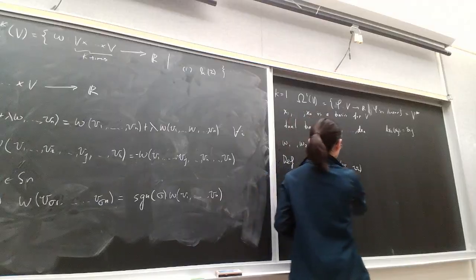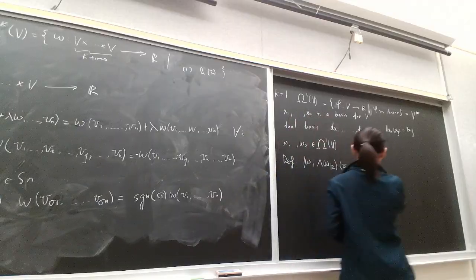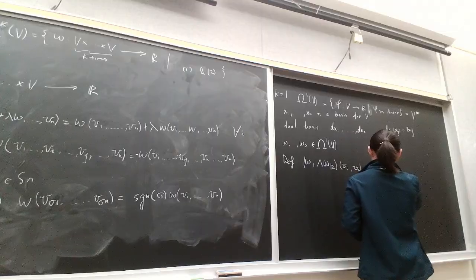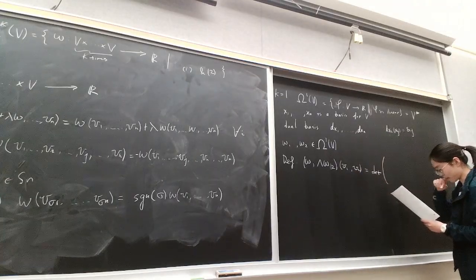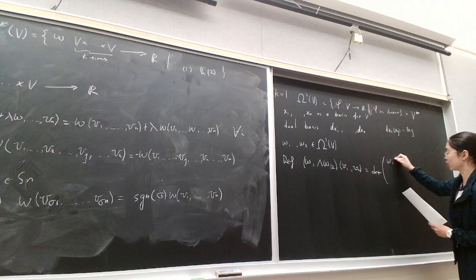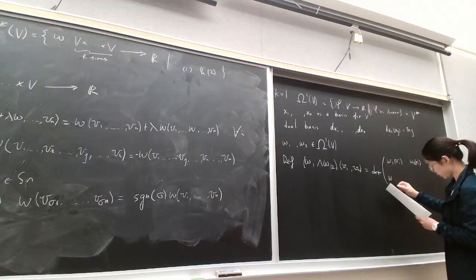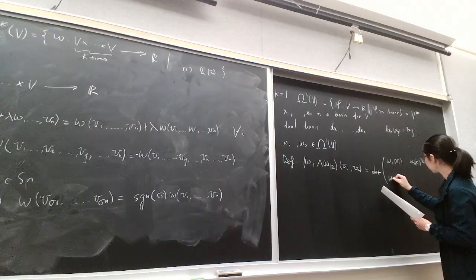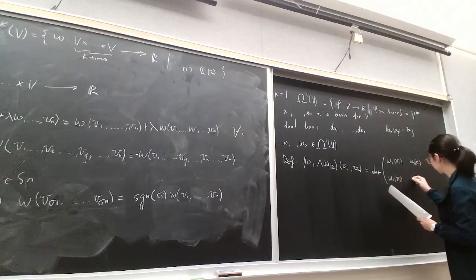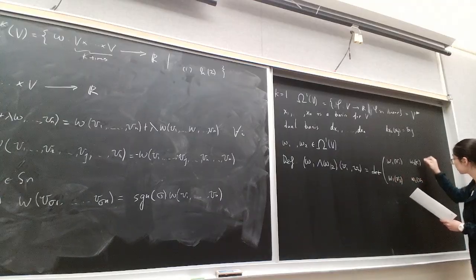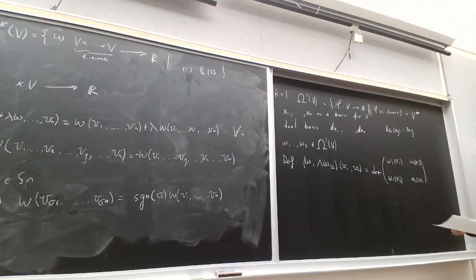We're going to define this to be equal to the determinant of the matrix with rows omega 1 V1, omega 2 V1, and omega 1 V2, omega 2 V2. And I claim that this is a 2 form.